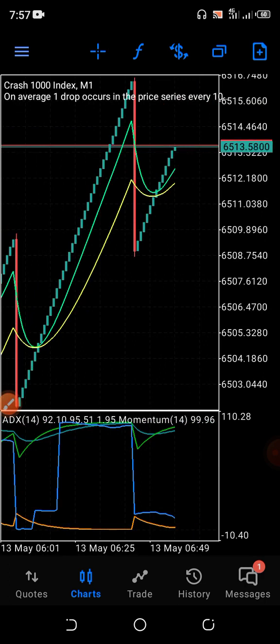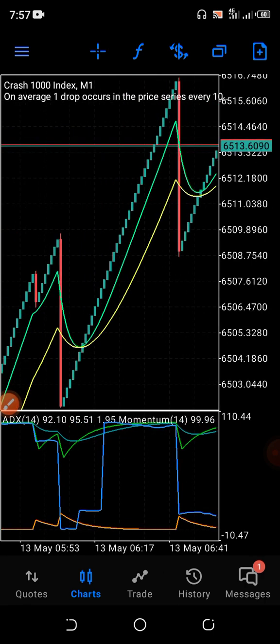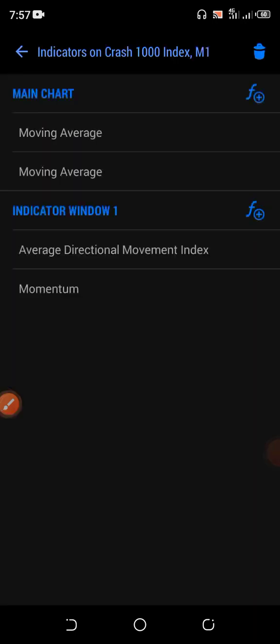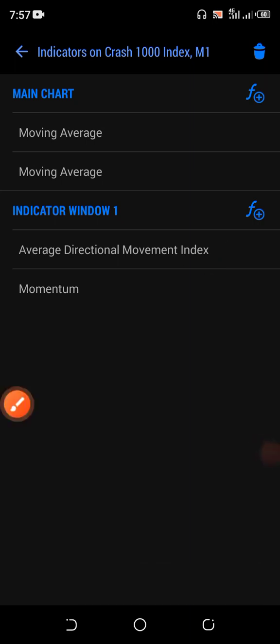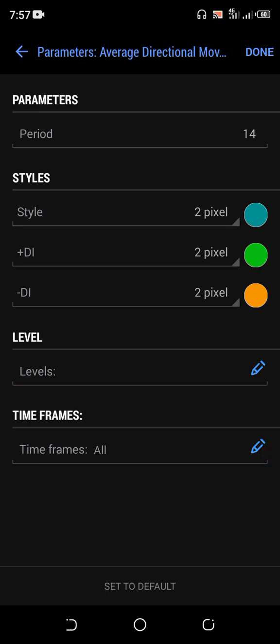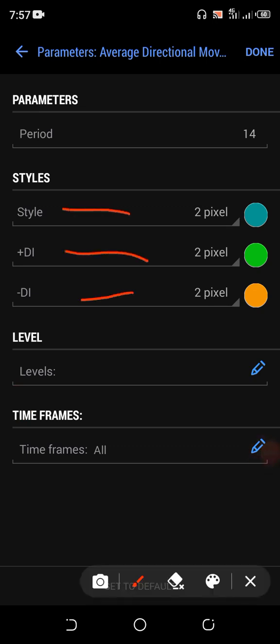All right, now let's go. We have the average directional index. We'll have the average directional movement index, which is this one, and this thing comprises 3 styles, ADX and DI, which is plus and minus.